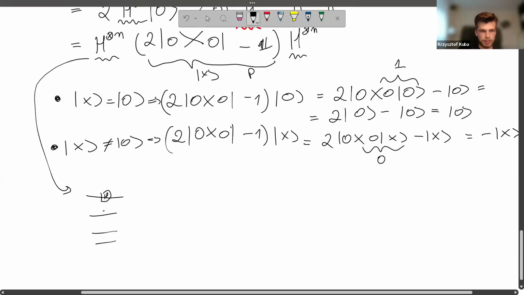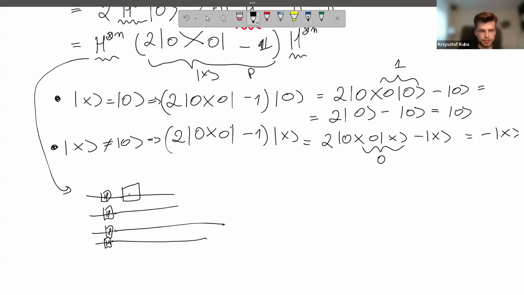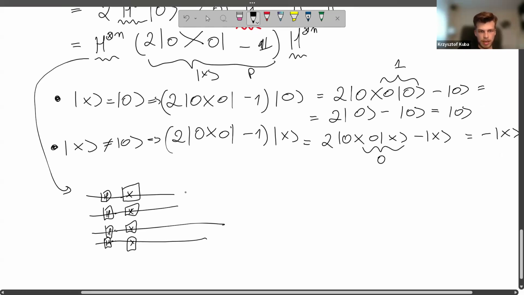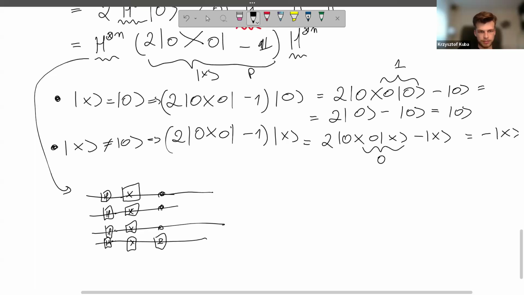Hadamard gates applied to each of the qubits. Then we will have X gates. And at the end, we will have controlled Z gate.